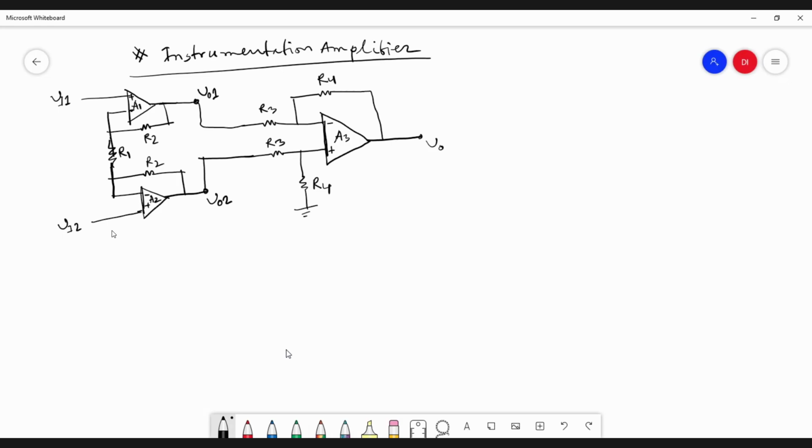The two non-inverting amplifiers A1 and A2 are used on the input side of the difference amplifier, and A3 is the second stage.